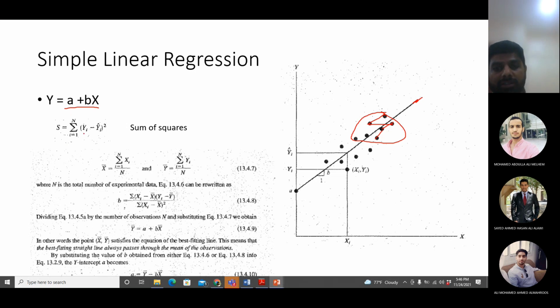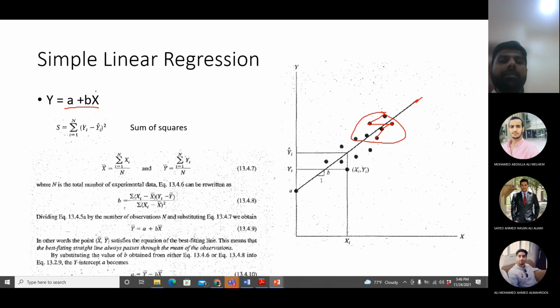This is the procedure they use to find the values of a and b. They take the sum of squares and replace the value of y cap with the equation itself. Then for this summation, they take partial differentiation with respect to a and put it equal to 0, because the least value of s will be 0.